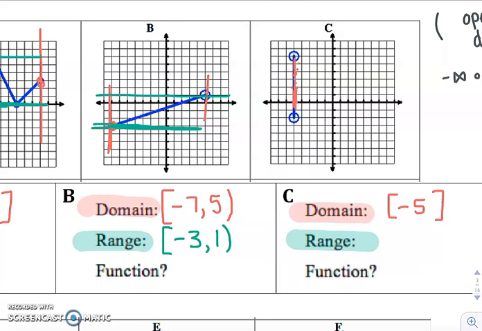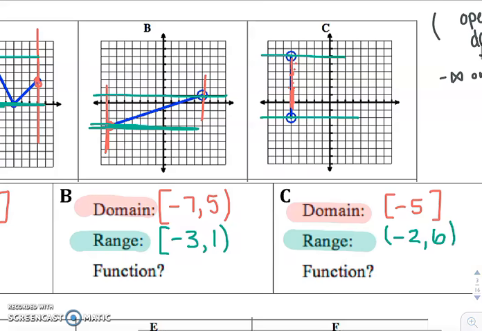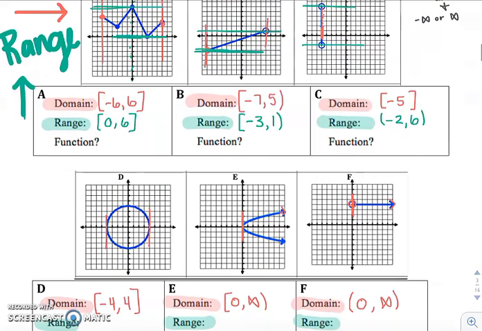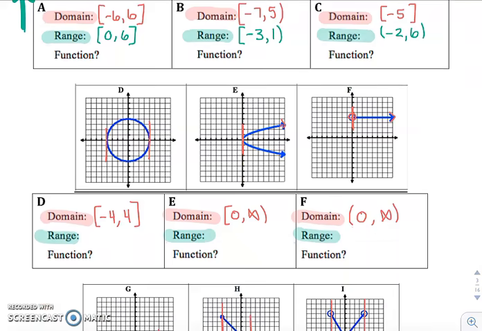For C, lowest point, highest point, so -2. That y value, and then the highest value, y value, 1, 2, 3, 4, 5, is +6. Since they're both open, they will both get a parenthesis. Okay, moving right along here. Look at the range for letter D here.